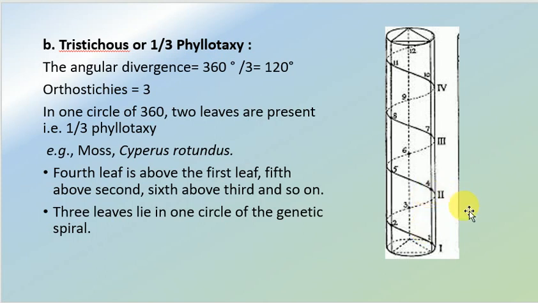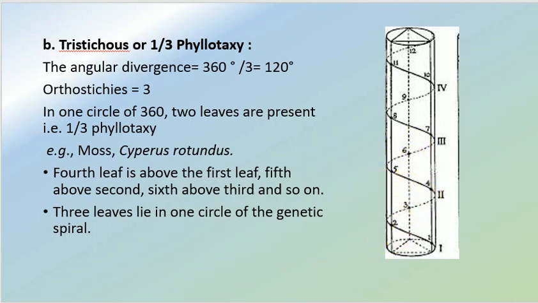And how the angular divergence can be derived? So 360, one genetic spiral of 360 is having three leaves or the three orthostichies. So 360 by 3 is equal to 120. So here the angular divergence is 120, and always in the tristichous the fourth leaf is above the first leaf and the sixth is above the third and fifth is above the second leaf.